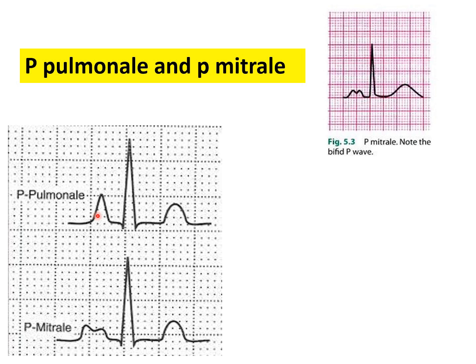But here it is exceeded. You got a peaked P wave. So this will be a case of P pulmonale.